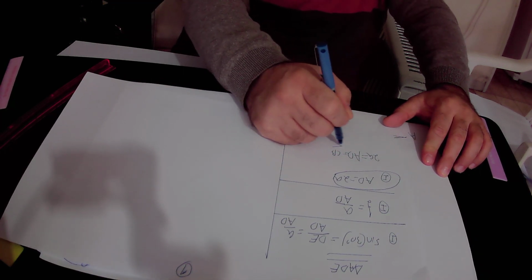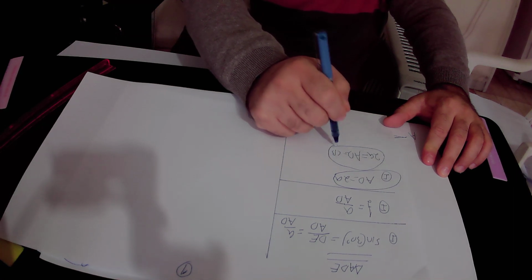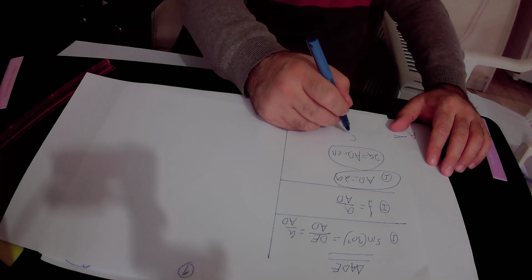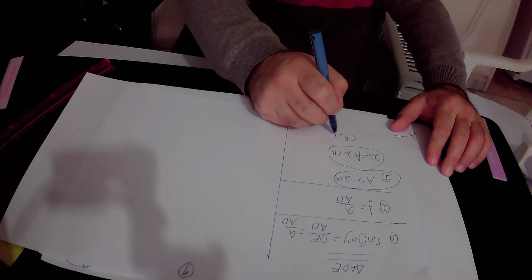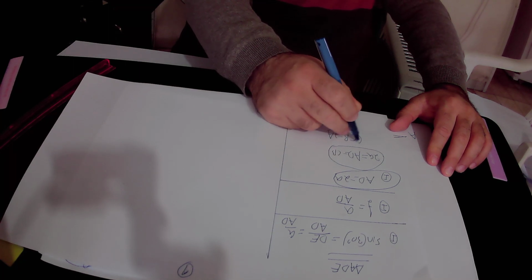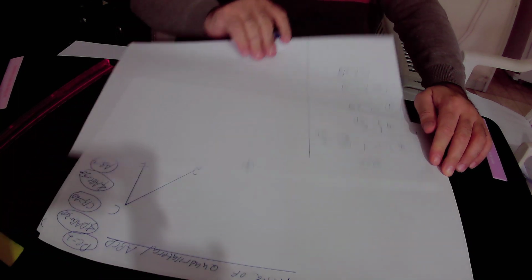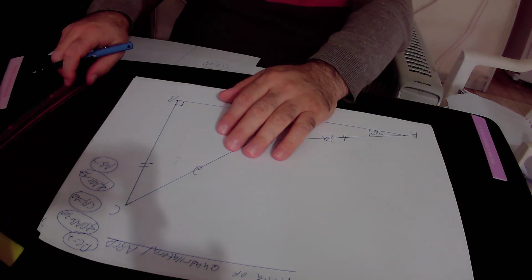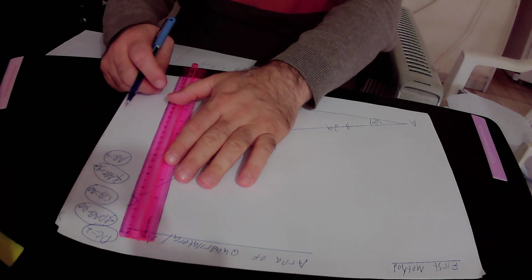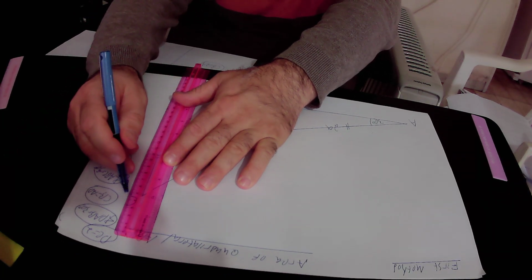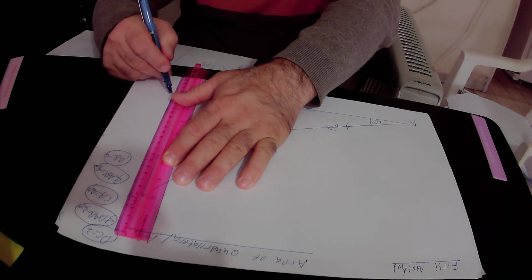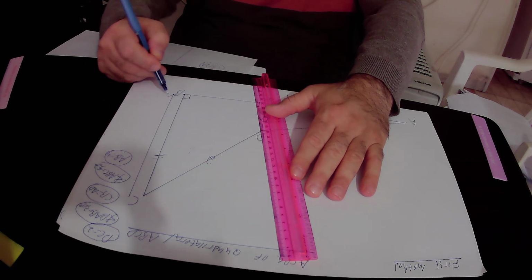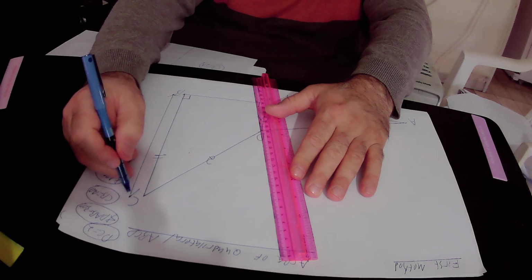So from this equation, we conclude that CB also equals 2A. So we can write here that the length of CB is 2A.